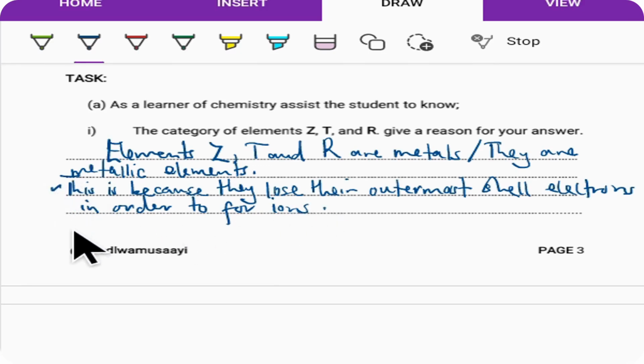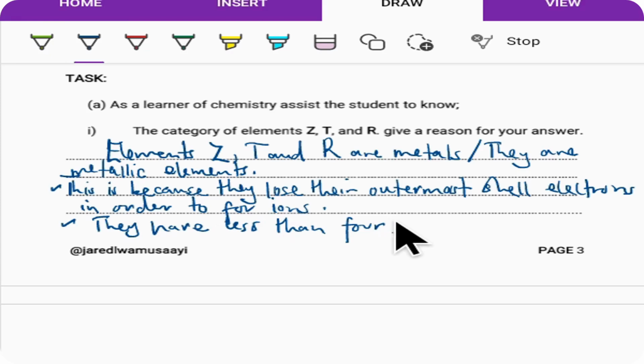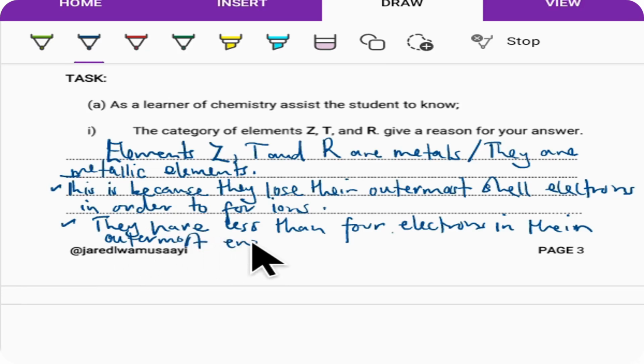So that would be the first reason. Another reason could be that because they have less than 4 electrons in their outermost energy levels.